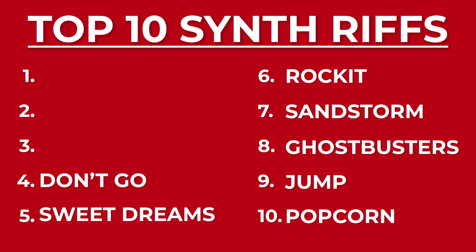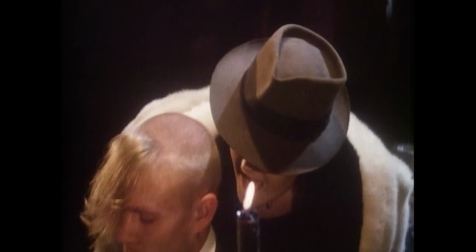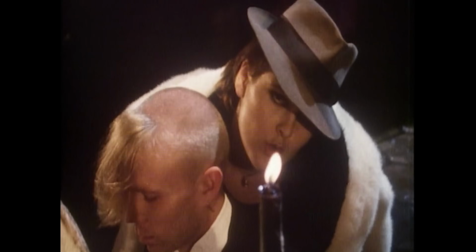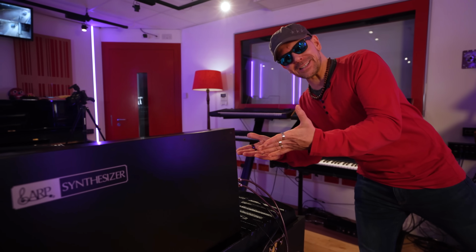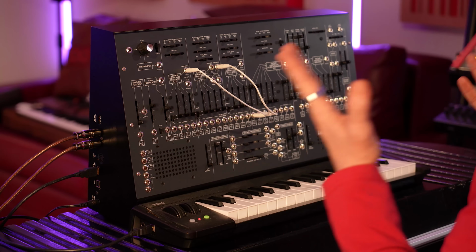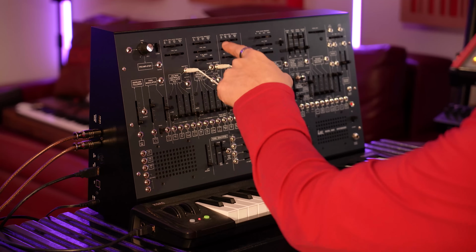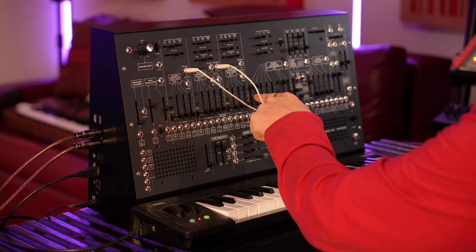Next. Number 4, Yazoo, Don't Go. This unstoppable synthesizer riff from 1982 is probably one of the most obsessive of the entire decade, and it was performed on an ARP 2600. I happen to have a 2600M. Let's play this riff. Here it is. I have connected the sawtooth waveforms into channels 1 and 2 of the mixer.